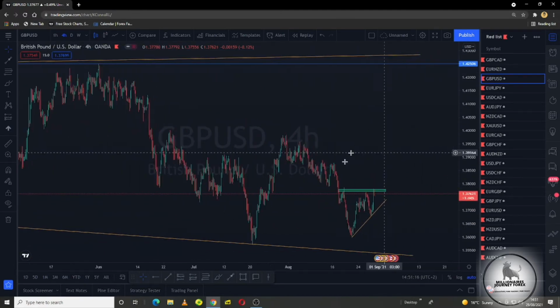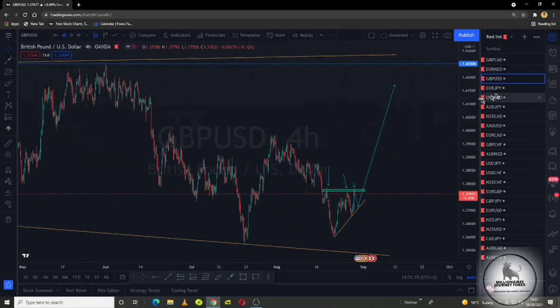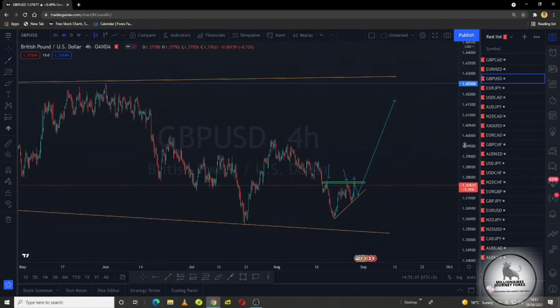And there's another possibility here. As you can see, price has been rejecting on this level. It rejected here, right? It rejected here, and then now it's rejecting here. There's a possibility that price might reject, come here to test this, and then just push up, because the market moves in different ways. You need to have ways to get into the market. You need to have possibilities.